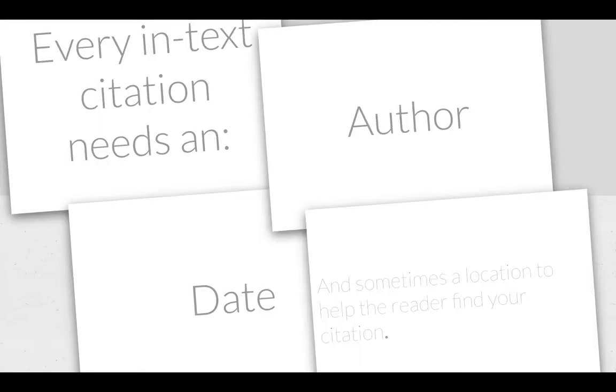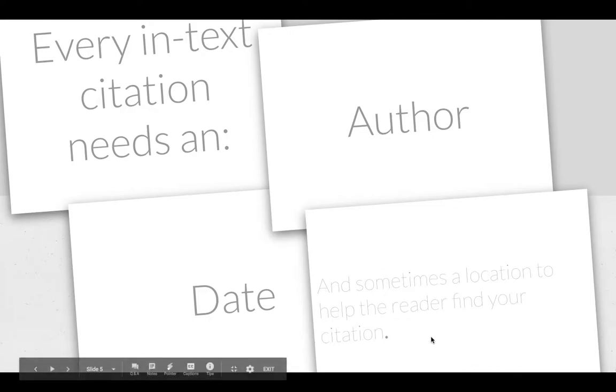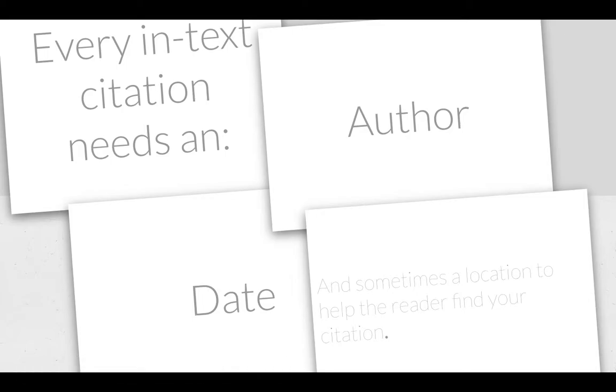Every in-text citation needs an author and a date. And then sometimes we use a location to give additional help to our readers to know where it came from. Location can be a page number, a paragraph number, sometimes a URL. It just depends on what the best way to locate that source would be.